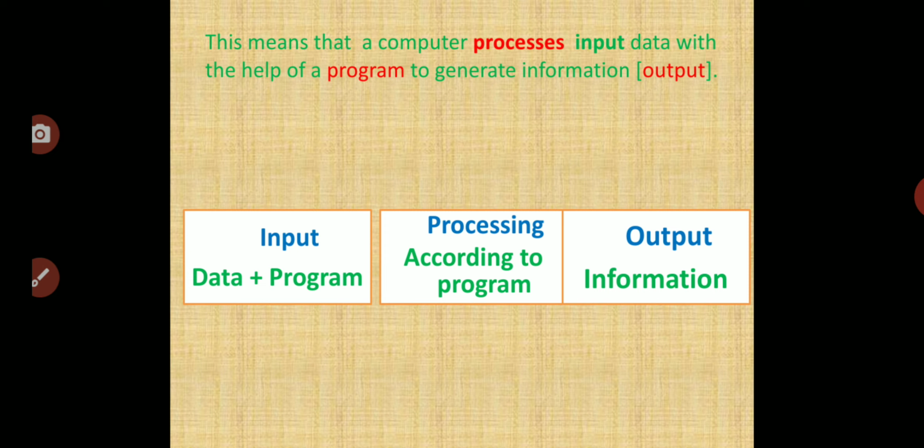And output means information. We take the example: with the help of keyboard you write a paragraph or insert a picture. That goes to the CPU box, meaning processing, and that will show on a screen. That is known as output, meaning information shown on the monitor. And if you print that information, then it is output.